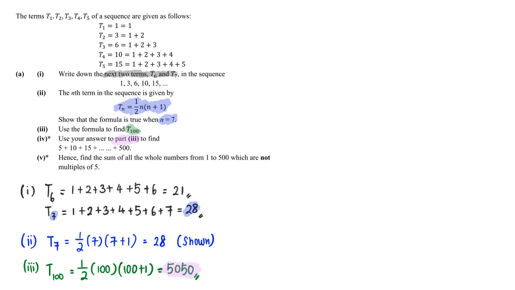So for this particular question, I'm going to write it here. I'm going to start with, of course, 5 plus 10 plus 15 plus 20 dot, dot, dot, and we continue to add 5 until we reach 500.